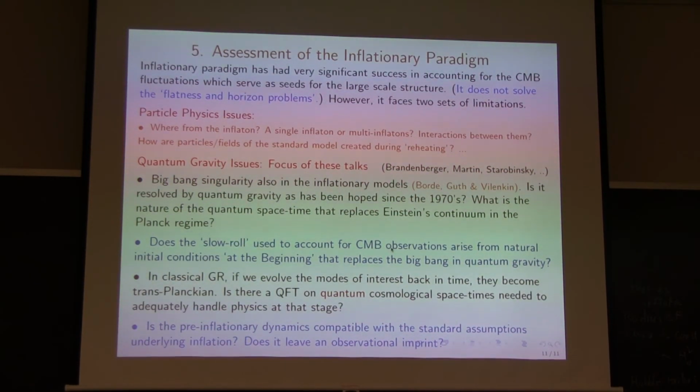So those are interesting things that have come out of all this, going beyond inflation, but that subject is still hot. Basically the Big Bang singularity is assumed to exist in the inflationary models, and therefore it should really be resolved by quantum gravity.